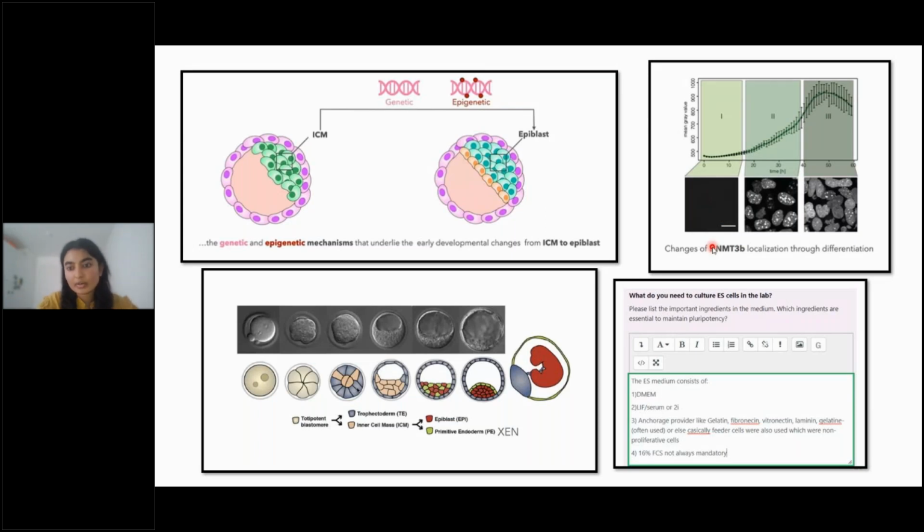So they saw the localization of DNMT3 through the differentiation. What they did was tag this DNMT3 protein with, for example, GFP. Now what they saw was that when the cell is not differentiated, when it's in the stem cell stage, there is no expression of DNMT. As soon as the cell has decided, okay, now I will start differentiating into something very specific, the DNMT3 level will go up.